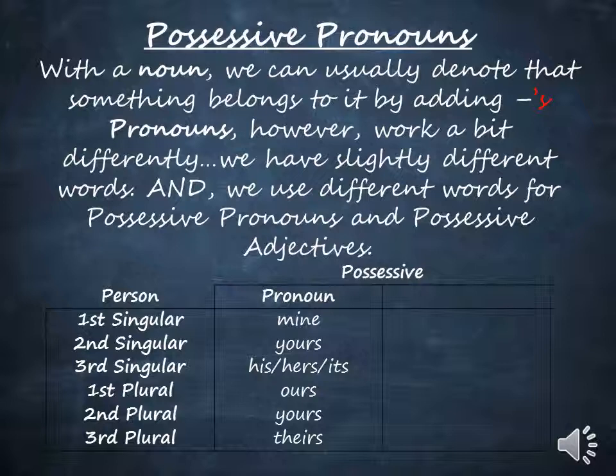Okay, the second person singular, we'd say it's yours. And literally we could say that. The book is yours. With the third person singular, we use his, hers and its. Notice the hers. Okay.